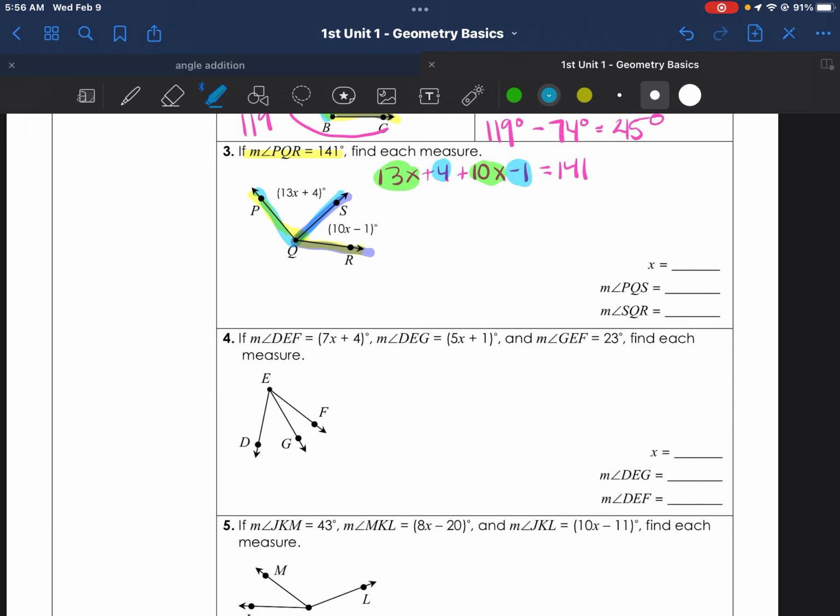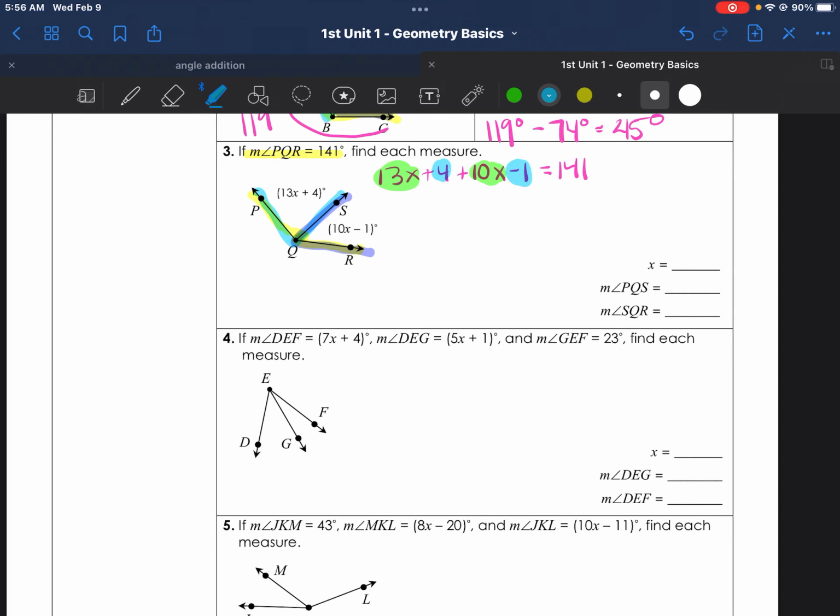Always focus on the side that got the most terms. Work on the side that got the most terms. Now, you're going to combine your like terms.